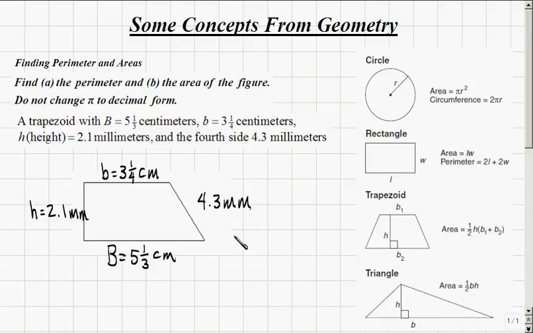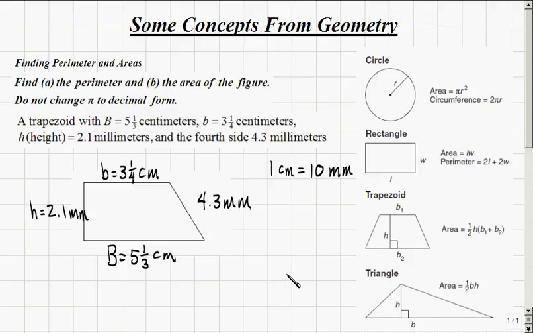Before we even begin this problem, we realize that we're working with both centimeters and millimeters. And for us to find the perimeter and area, we should have this all in the same units. So we'll use a trick that says that 1 centimeter is 10 millimeters.